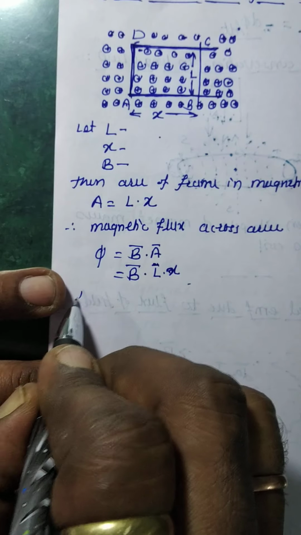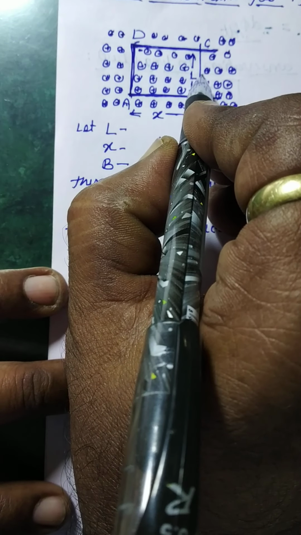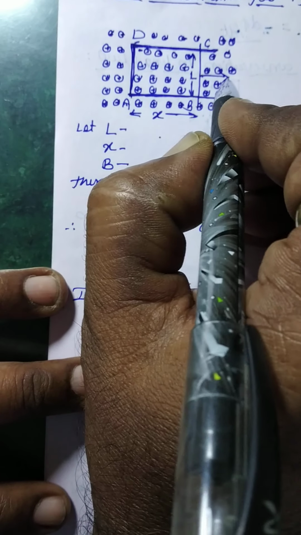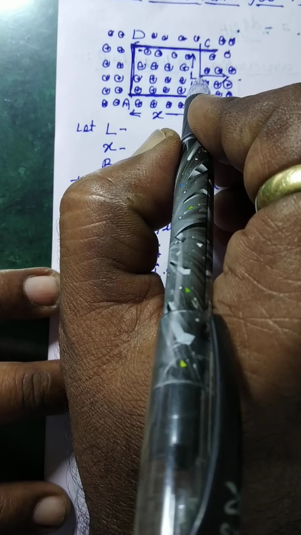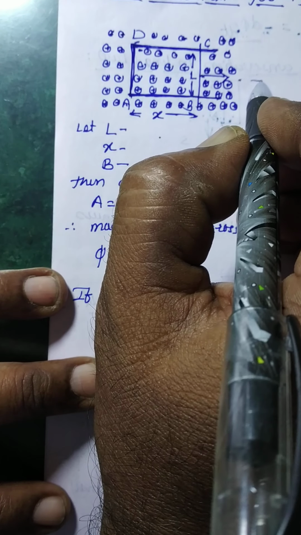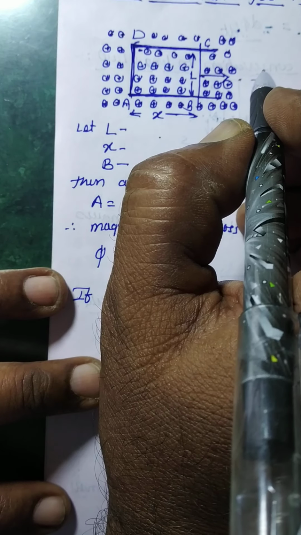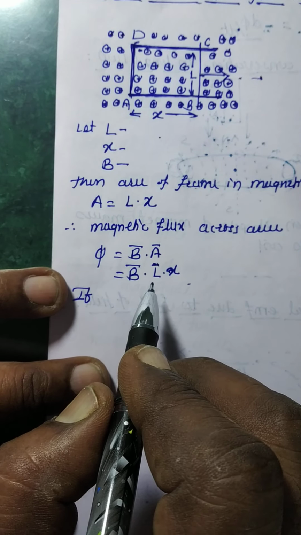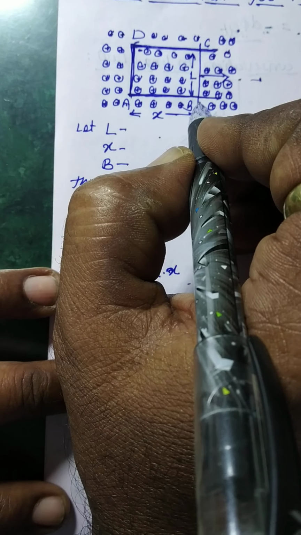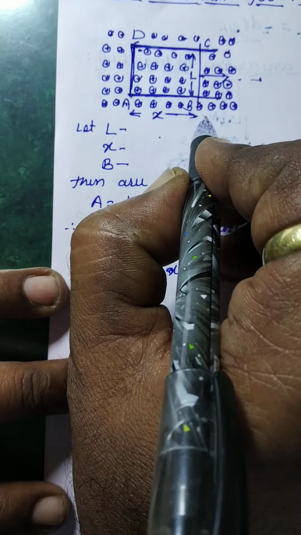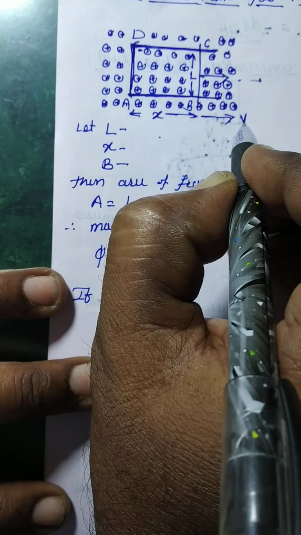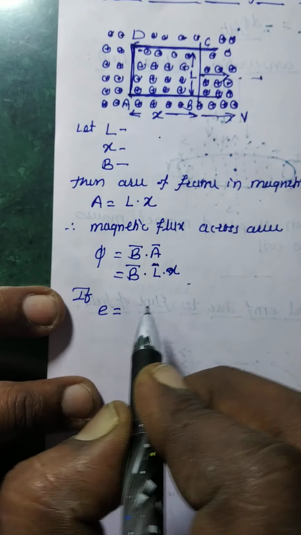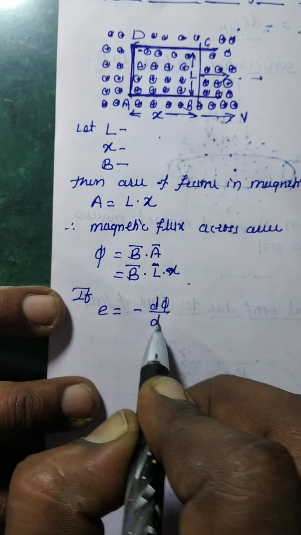If suppose the wire is moved with velocity v, then according to Faraday's law, the magnitude of induced EMF, if wire BC is moved with velocity v, is nothing but minus d phi by dt.